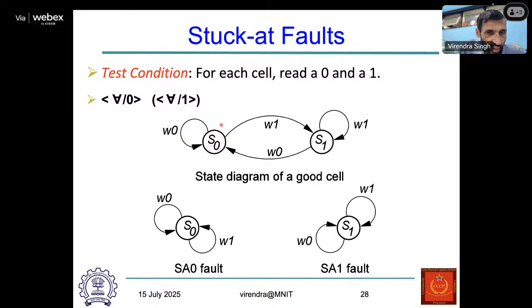I write 0 here, I write 0 over here, then I do the transition from 0 to 1. That means we write 1 and read this value, to check whether the value is 0 or 1. If the value is 1, then it is this machine. If the value is 0, then this is this machine, and therefore this is a faulty machine. That means this has a stuck-at 0 fault.